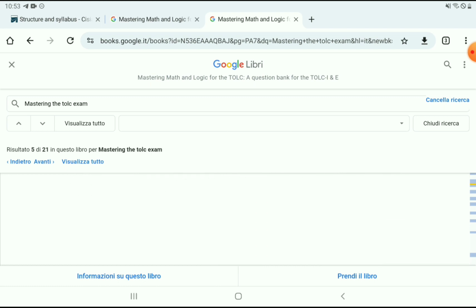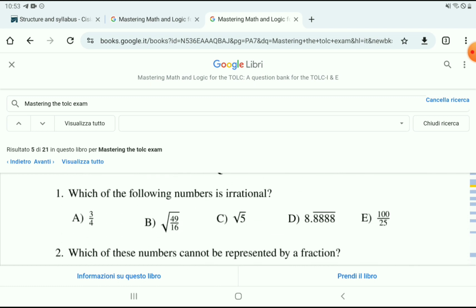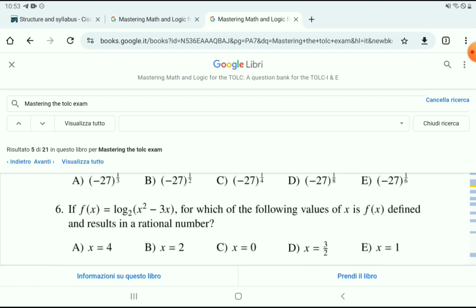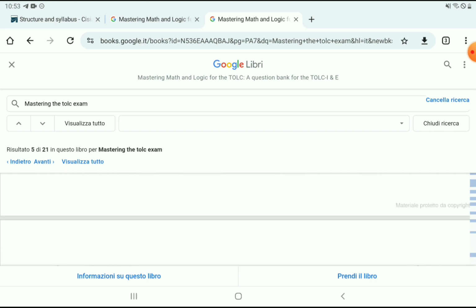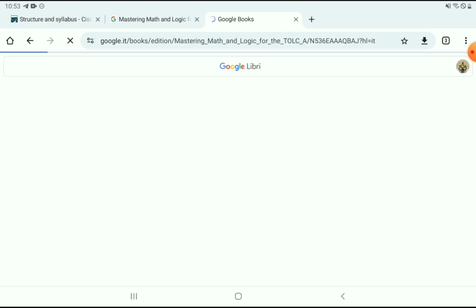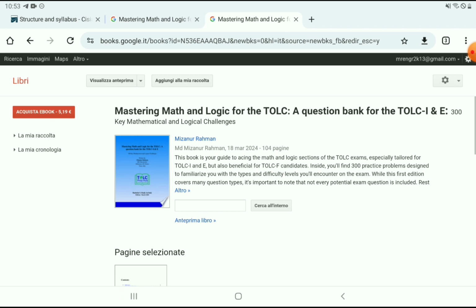Or if you like, you can close the preview. Then I think it's better to see the book here. In this interface, you can see the preview better. If you click once again, yes, this version is better than the previous one. So here you can see the book.